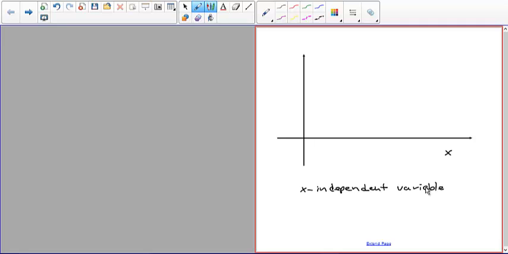That's usually something we may have control over, or we think changing the independent variable will affect some other property, some other variable. So we have the y-axis, where the y value is the dependent variable.